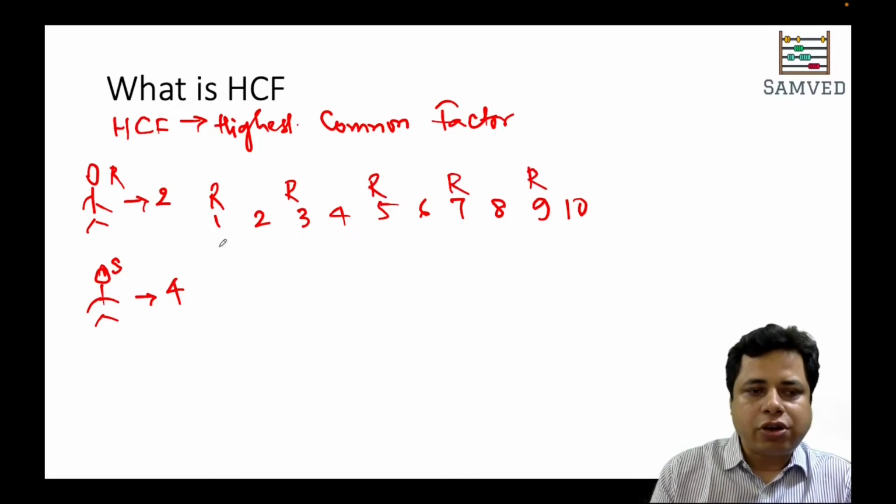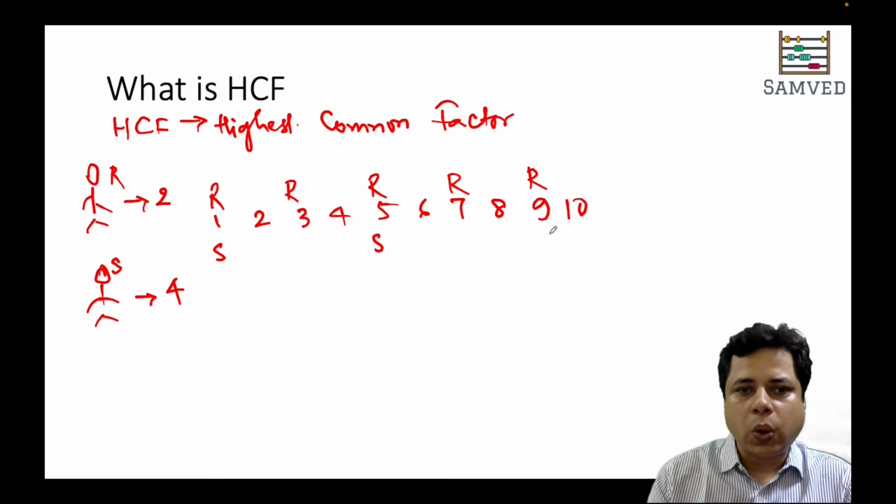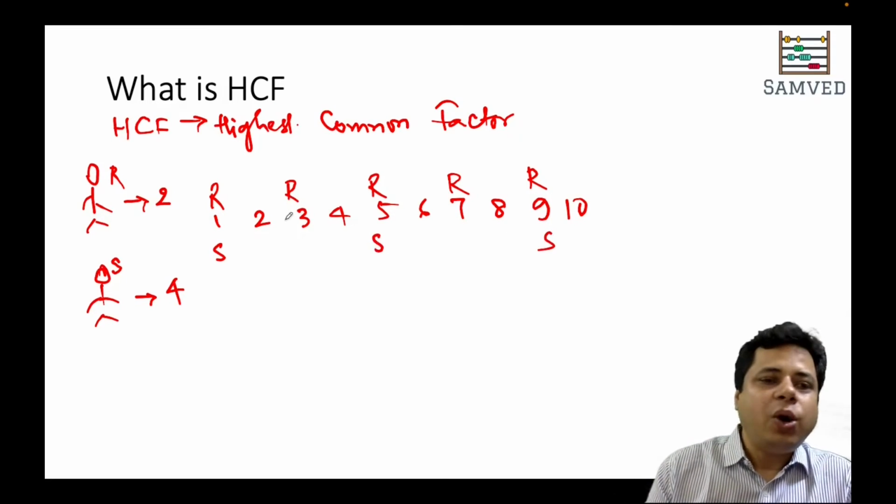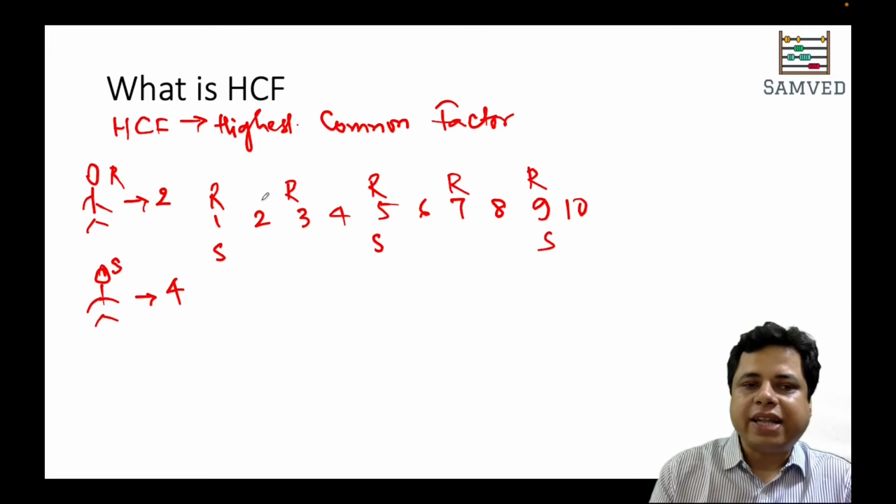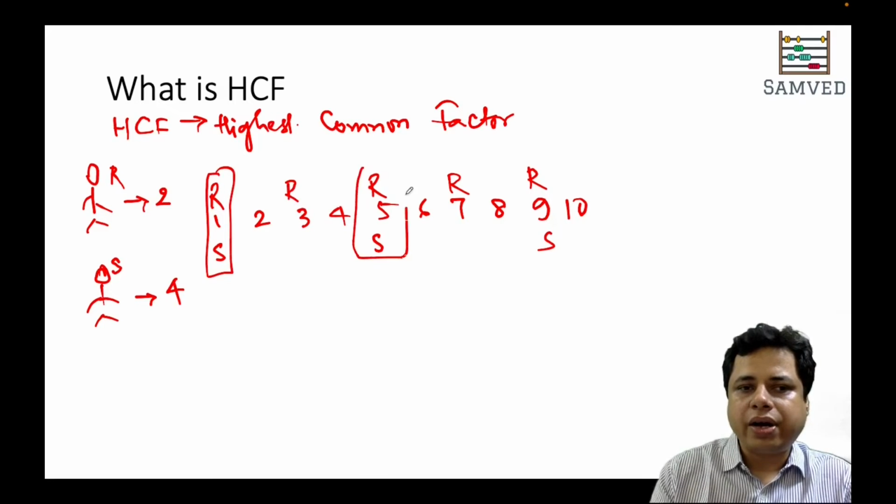Shyam, if he goes on the first, will next go on the fifth, then on the ninth. What you can see is that the days on which both of them go are these.